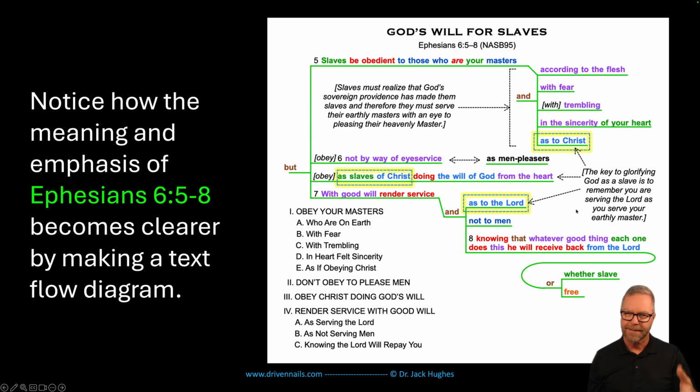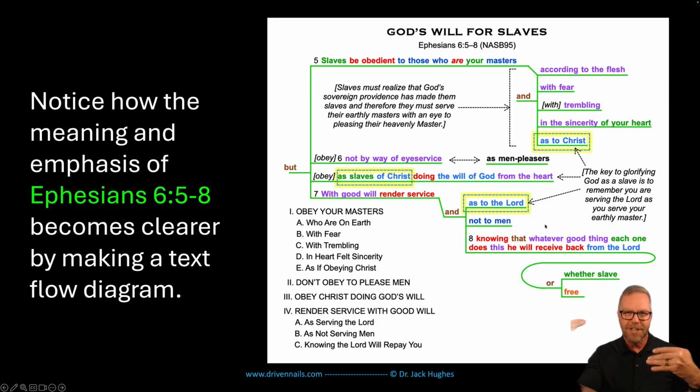I put a little circle around that in my Bible software, but you could circle those phrases because they're all talking about the same thing, the grand motive here, as to the Lord. And then you have negatively, not to men, which we could put a red box around, and a red box around as man pleasers, because these are all the negative ways: not by way of eye service, not as man pleasers, not to men.